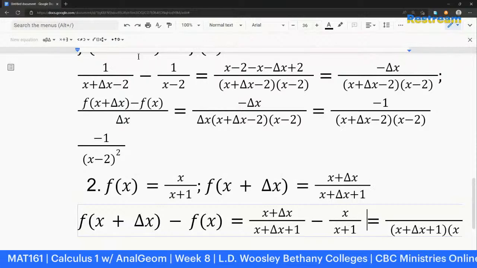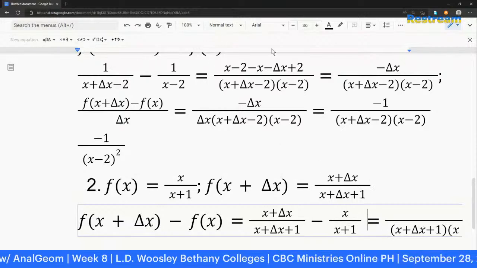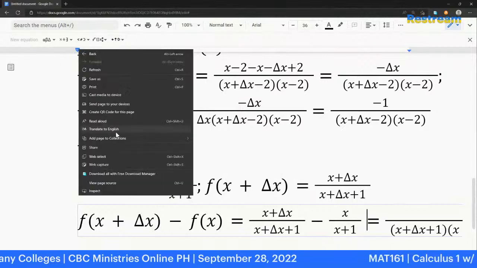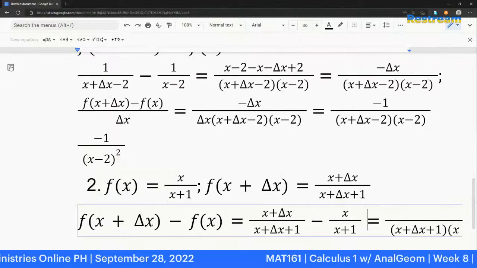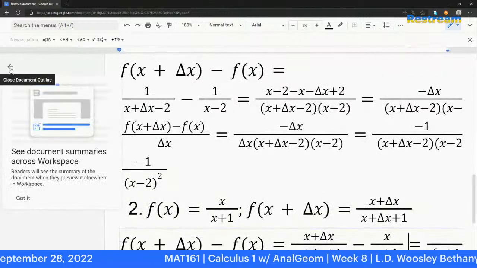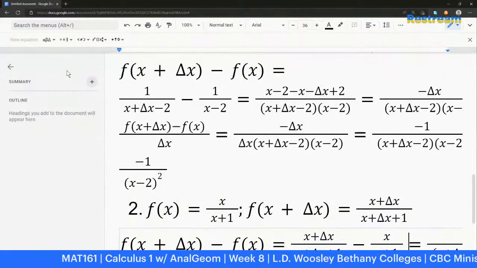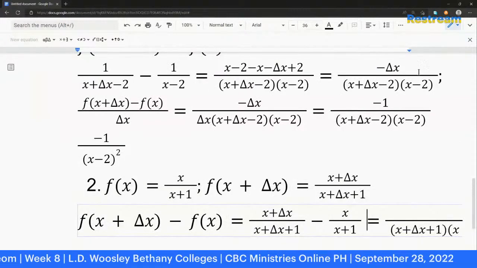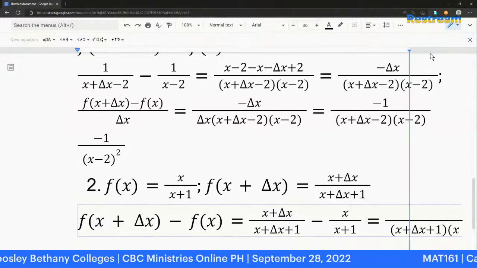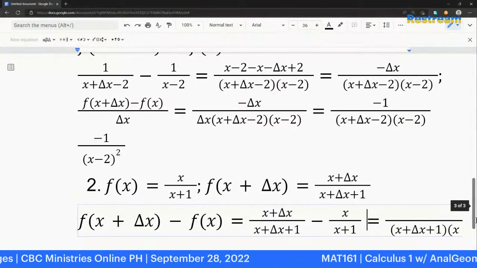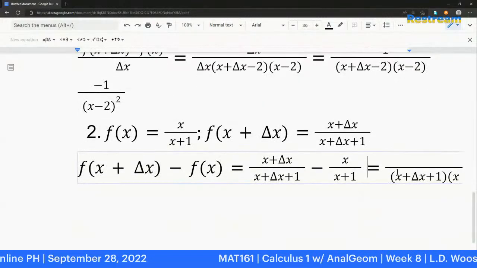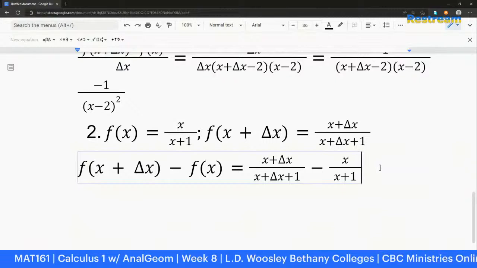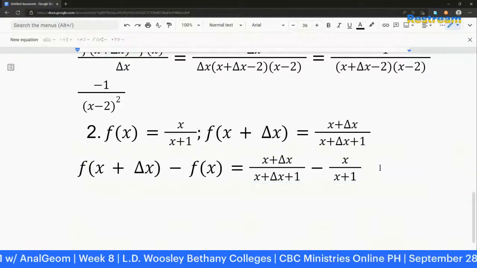Mahaba yung equation natin. Teka lang. Siguro sa kabila na lang to. Para mas makita.